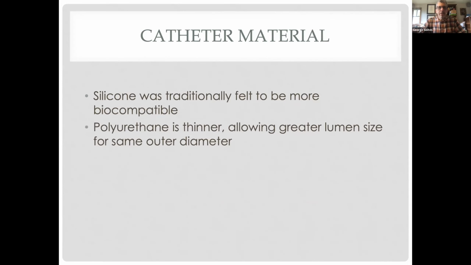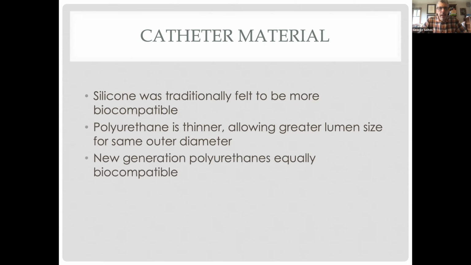But the newer polyurethanes have been developed so that the material is much thinner, in fact thinner than silicone, so you can achieve a greater lumen size with the same size catheter. Newer generation polyurethanes are felt to be equally biocompatible to silicone. So to my mind, they offer a lot of advantages and pretty much no disadvantages these days.